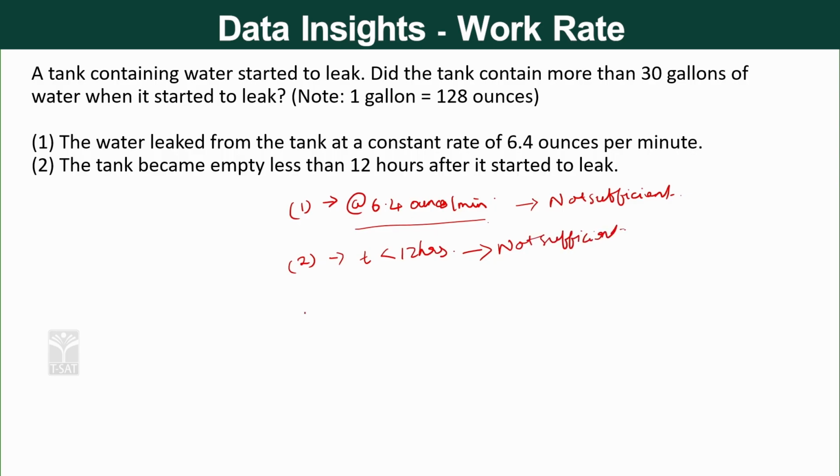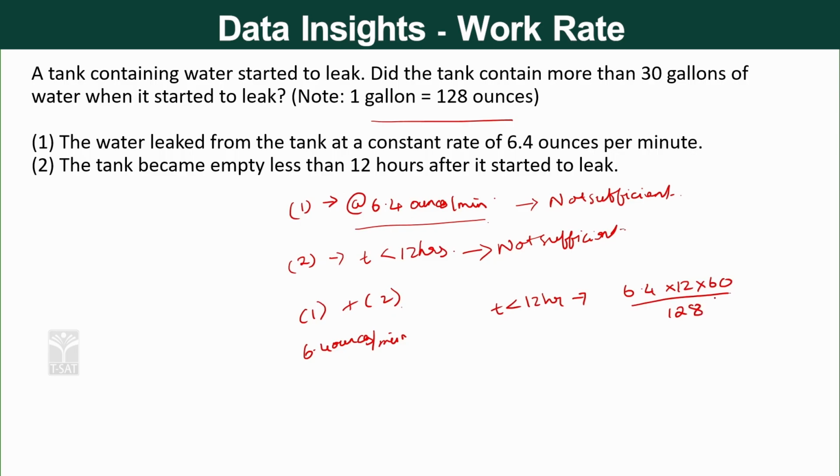Now, if you combine statement 1 and statement 2, you have that the rate of leakage is 6.4 ounces per minute, and the time taken is less than 12 hours. So, the amount that leaked would be 6.4 ounces per minute times 12 hours times 60 minutes, divided by 128 to convert ounces to gallons, which gives the number of gallons.